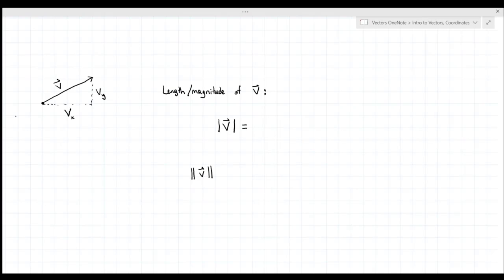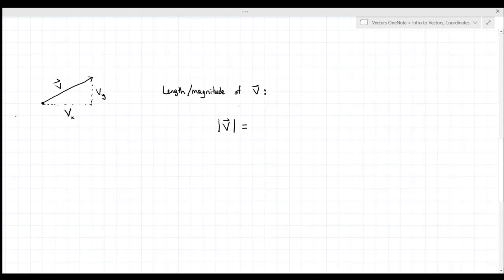Another thing I see sometimes is people will just drop the arrow on top and use the letter v to represent the length or magnitude of the vector v. Certainly there could be other notations that other people use as well. But I'm going to be using the absolute value looking notation for my workshop.